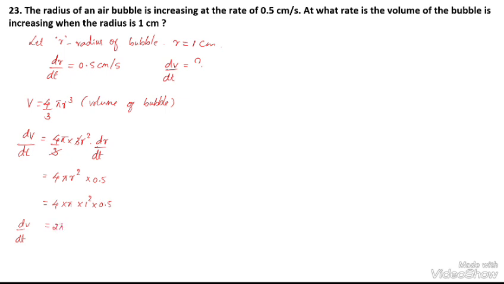So dv by dt, the rate at which the volume is increasing, is 2 pi centimeter cube per second. Because it is volume, the unit is always centimeter cube. Therefore, the change of the volume of the bubble is 2 pi centimeter cube per second.